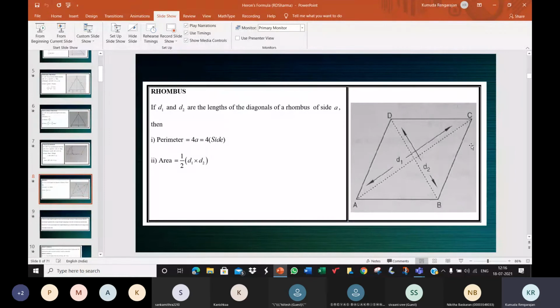The length of this altitude will be the same as the length of this altitude, because it's nothing but the distance between the two parallel sides, and the distance between two parallel sides is the same everywhere.